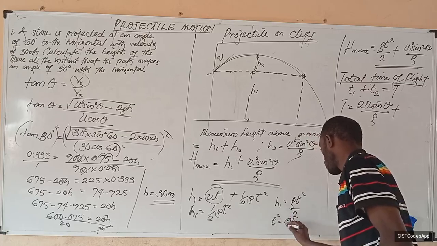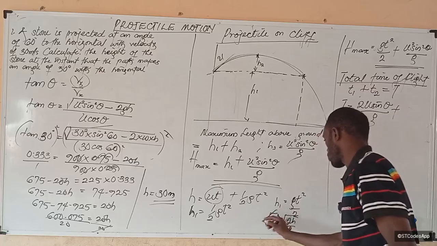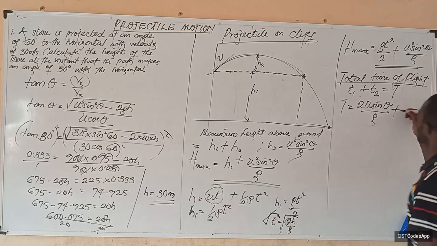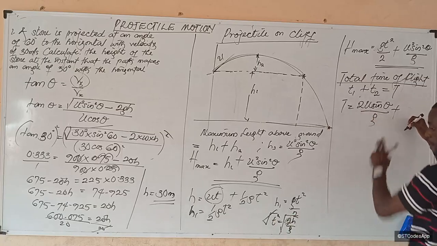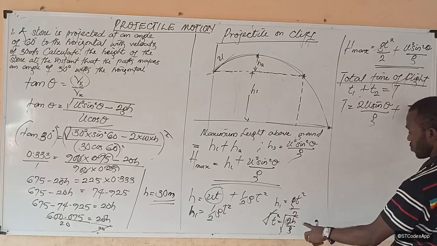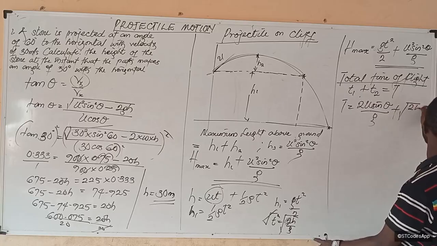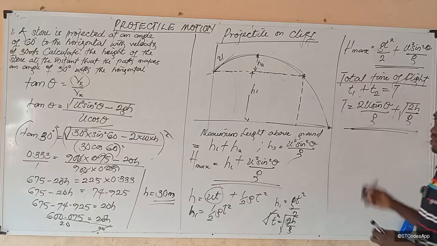Then you take the square root of both sides. So t will be equal to the square root of 2h over g. So we have t equal to 2u sine theta over g plus the square root of 2h over g.